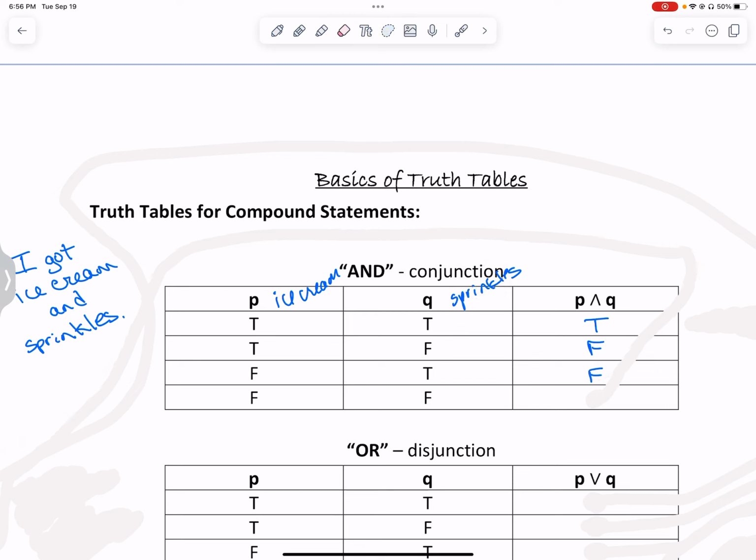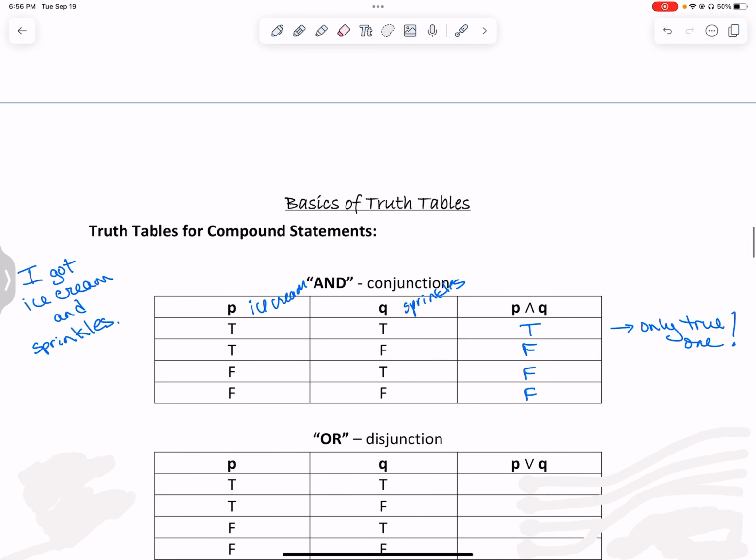And if I didn't get either, that would be false as well. Notice the only one that is true is the very first one, only when both of them are true. That's called a conjunction. So, and.